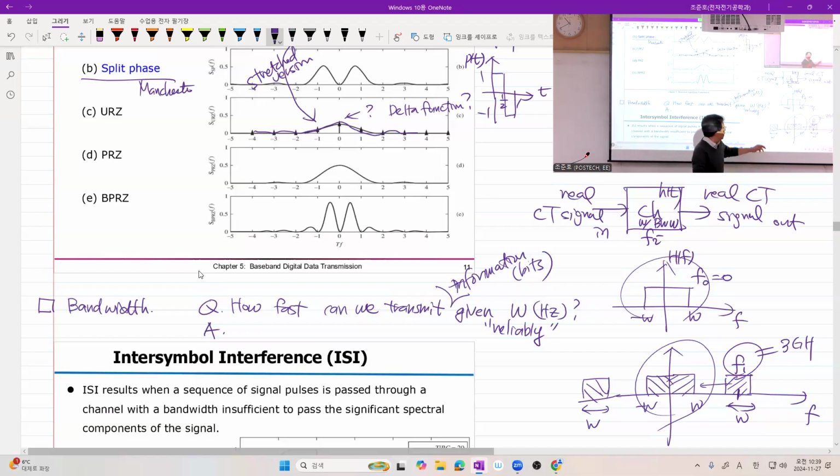Of course, if you add securely, then depending on the definition of security, your transmission rate will be reduced if you add more and more conditions. But for simplicity, let's think about this case. So you want to transmit bits reliably given bandwidth W.